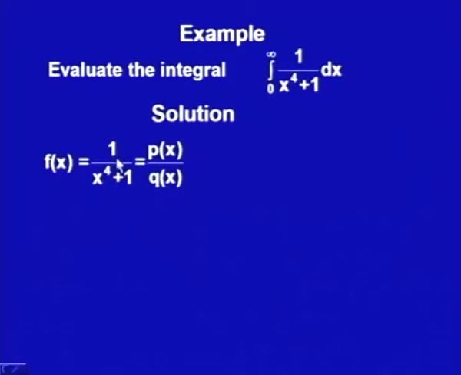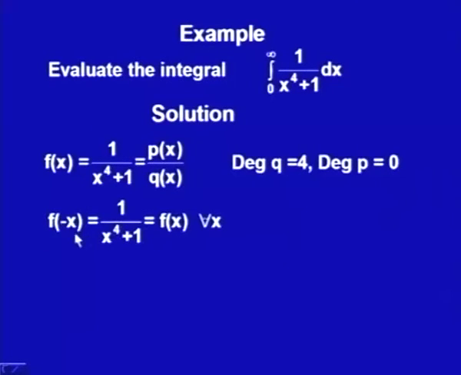So, we do satisfy the condition that the denominator should have degree at least 2 higher than the numerator. Moreover, there is no term which is common to each other. Moreover, x to the power 4 plus 1 does not have any real zeros, and we do have that f(minus x) is the same as f(x) for all x.